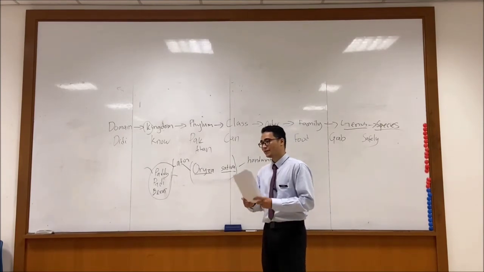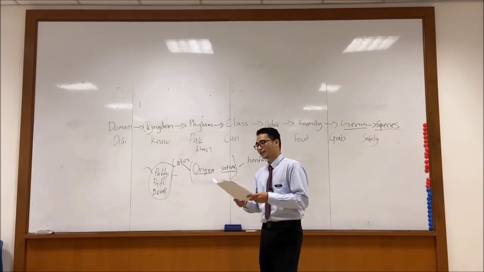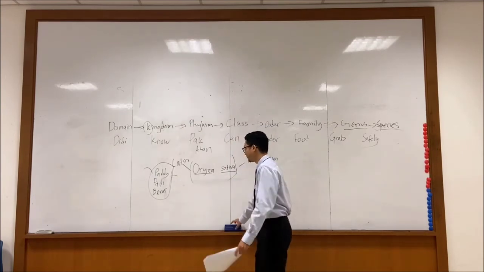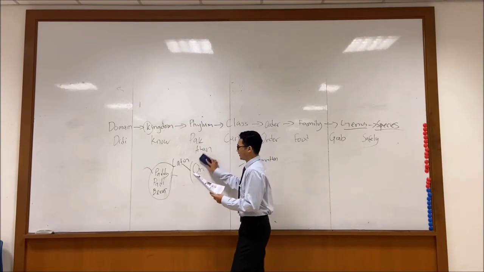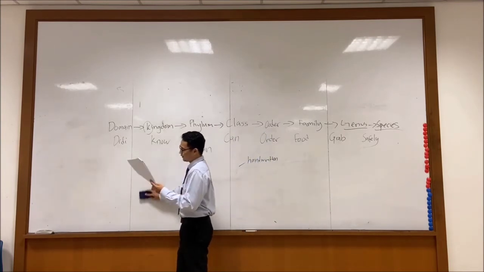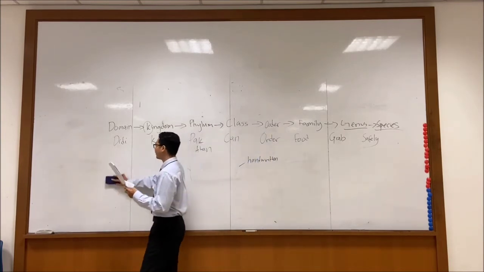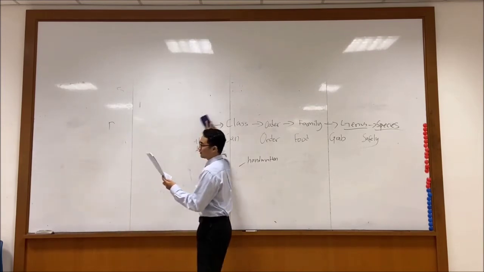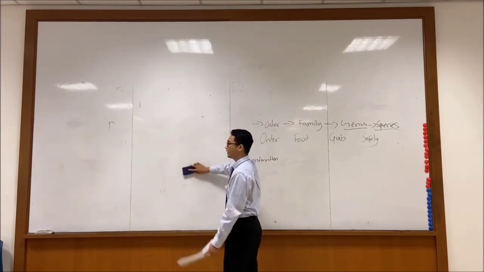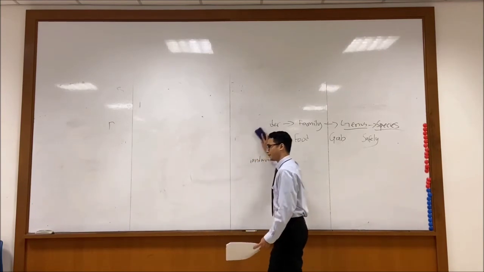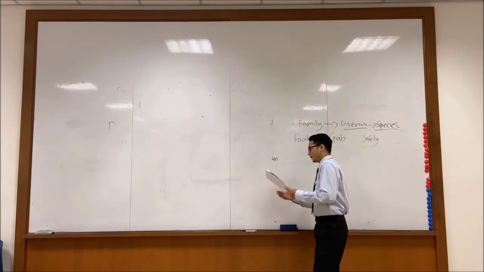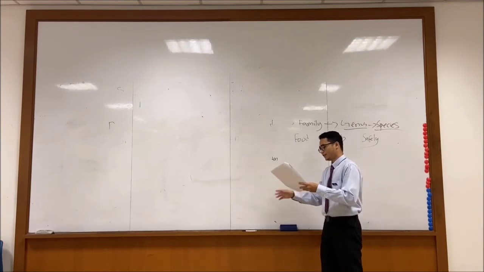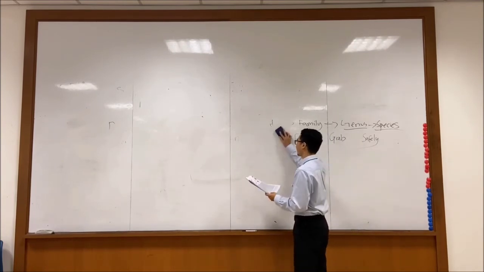Okay, so that's the scientific name. Let's move to the last topic, which is the dichotomous key. In simple words, the dichotomous key is what scientists, taxonomists, use to identify organisms and classify them based on their different characteristics.